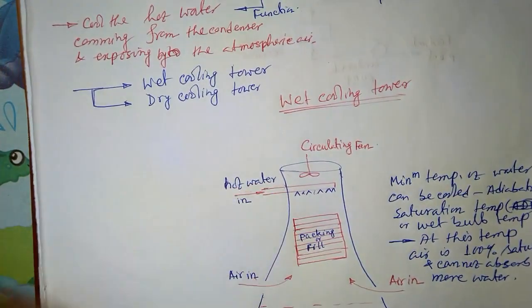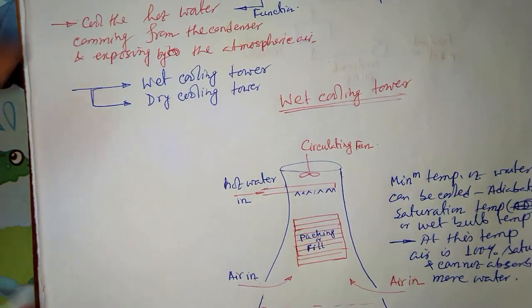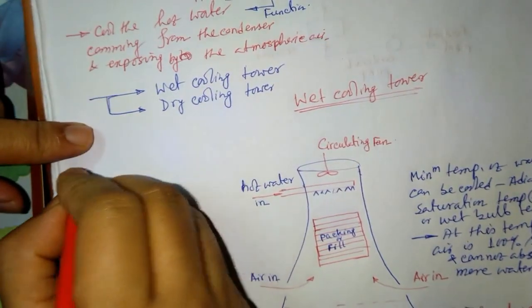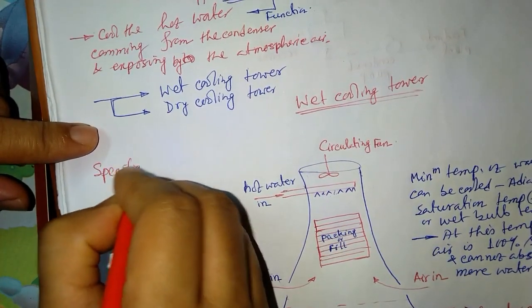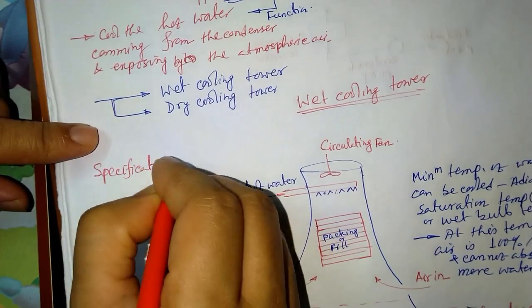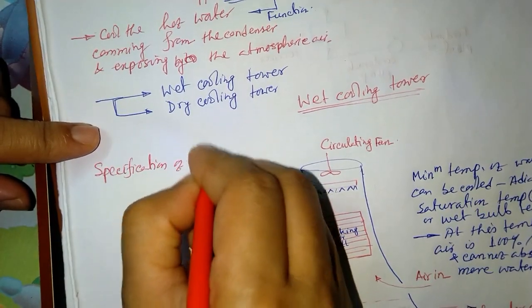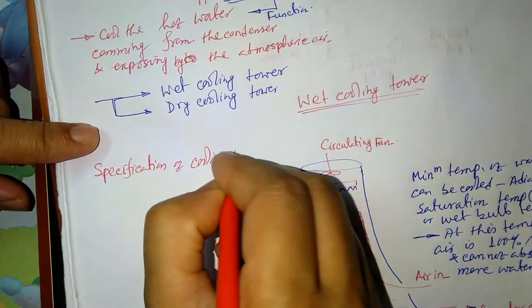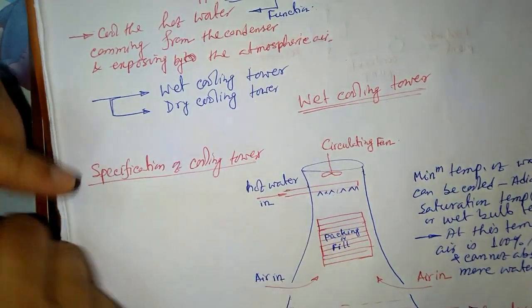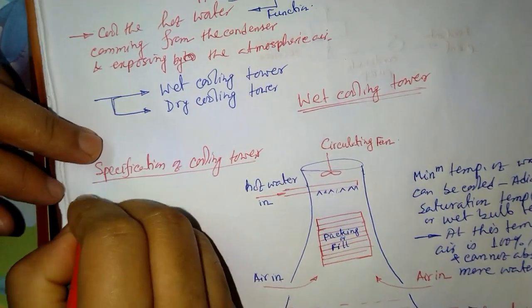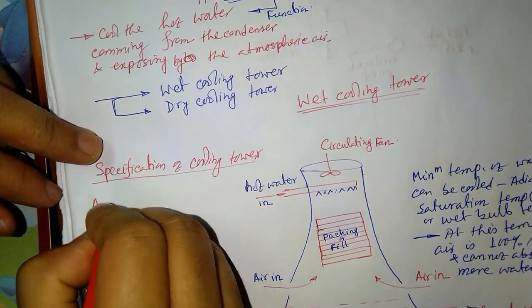And our cooling tower can be specified by three parameters. So any cooling tower is specified by three parameters. One is known as approach.